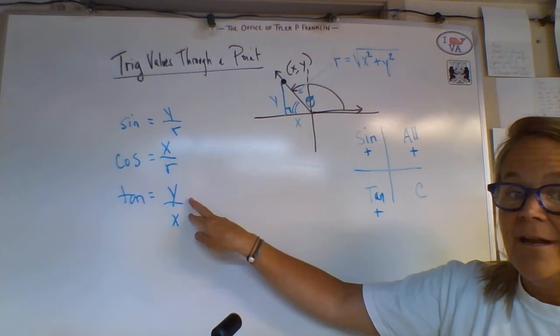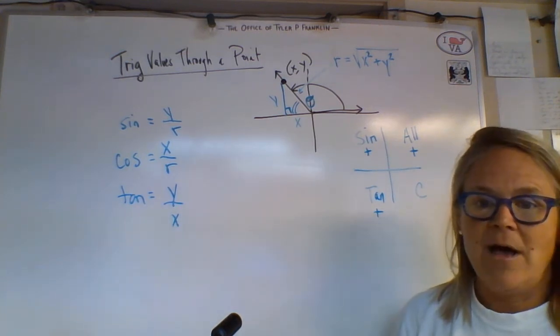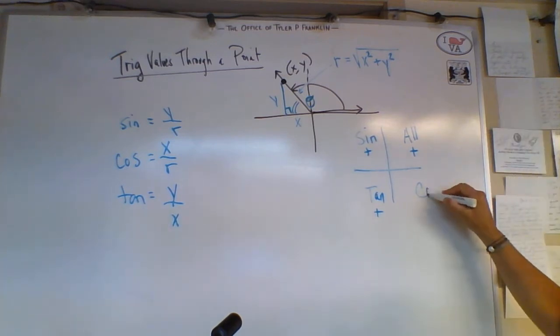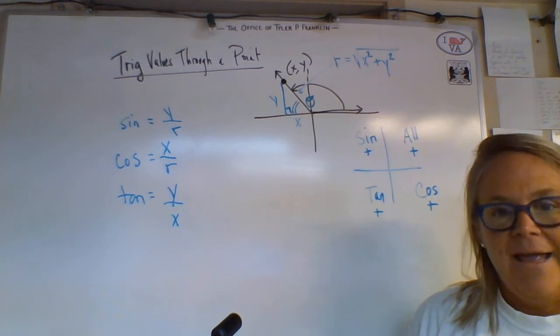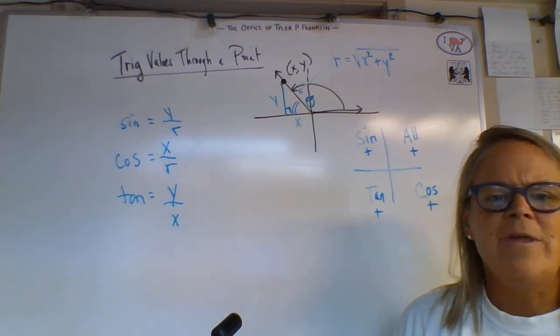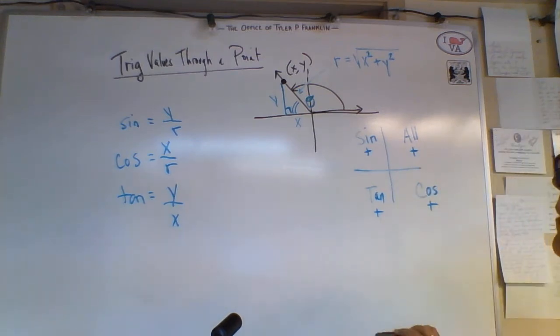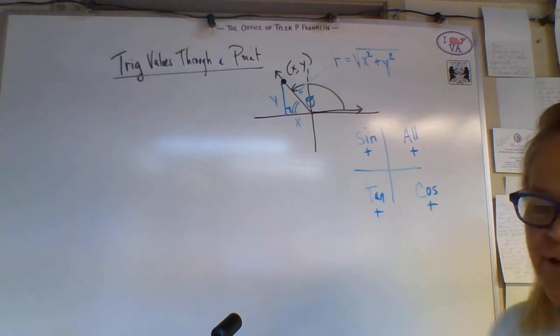But for tangent, two negatives give me a positive. In the fourth quadrant, cosine is positive, and secant, sine, and tangent are negative. With these problems, you probably don't pay much attention to that, but it is good to know.